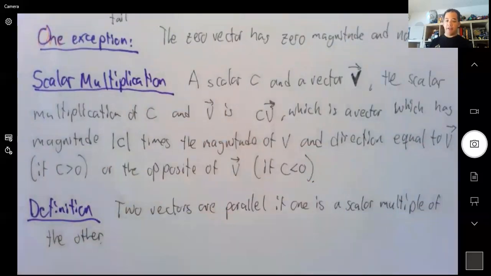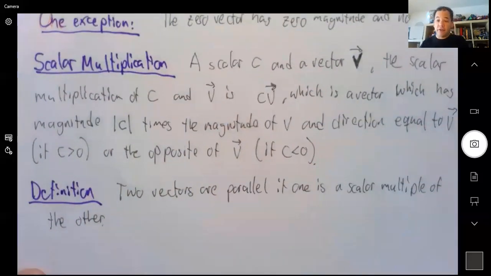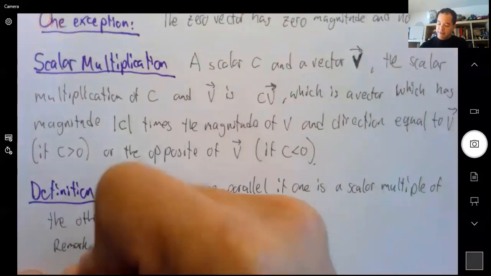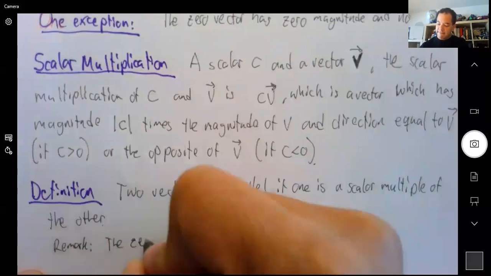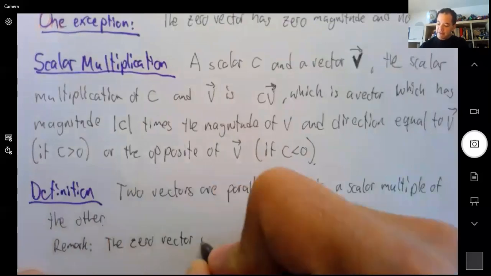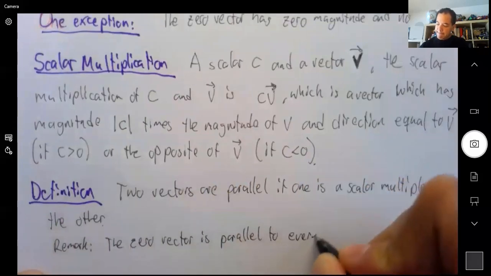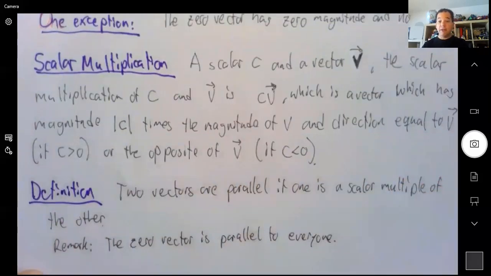And with this, a little remark here is that the zero vector then is parallel to everyone, right? Because you can always multiply any vector times 0, and then it will become the zero vector. All right? Okay, so these are our basic definitions.